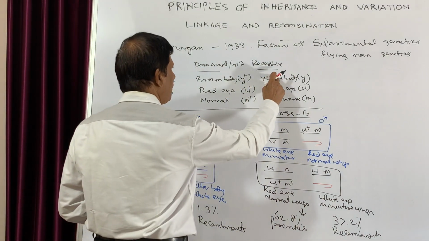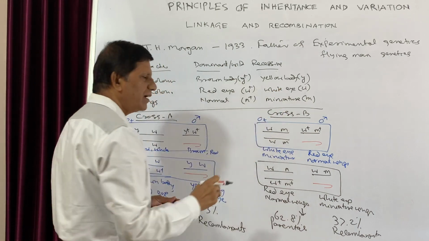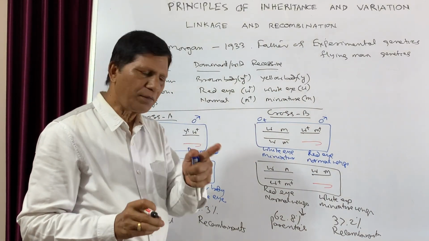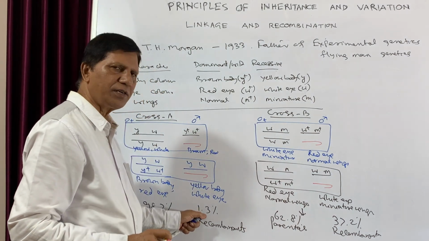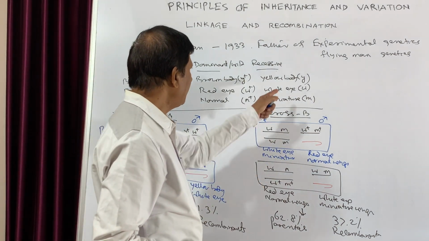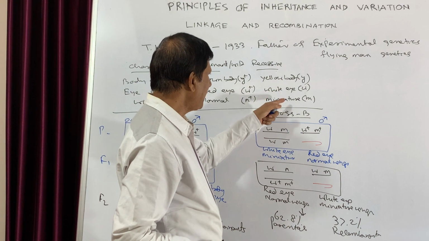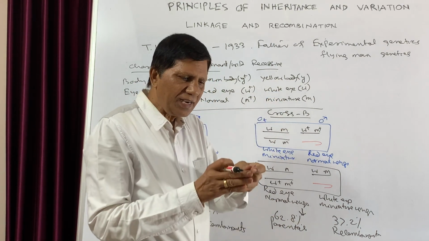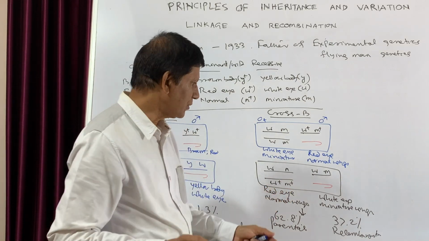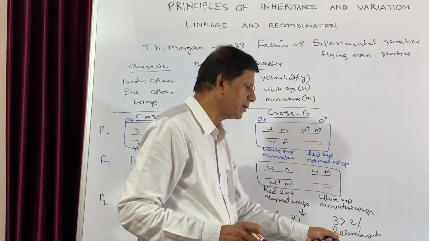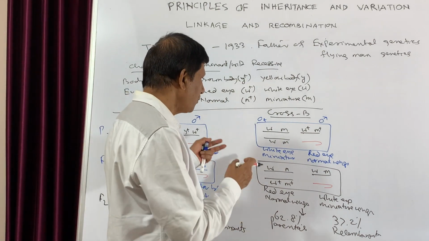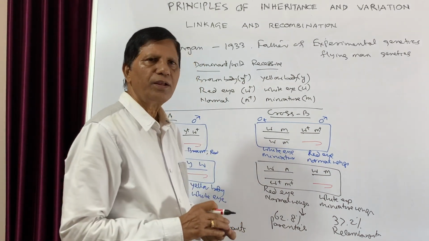That means yellow body and white eye are very close to each other. They are linked, and the recombination is only 1.3%. While in the second one, the white eye and miniature are slightly far apart, so 37.2% recombinants are occurring. This is the major work done by T.H. Morgan.